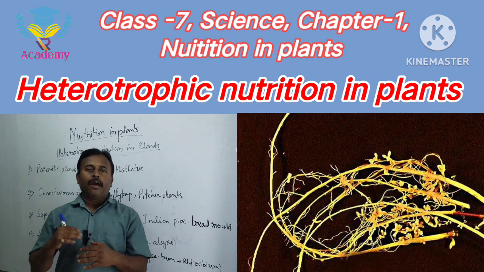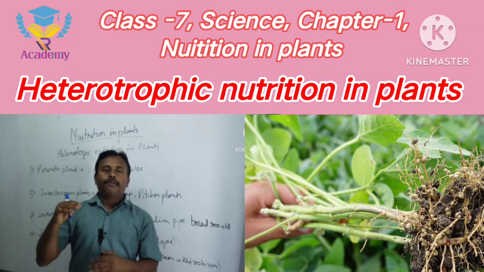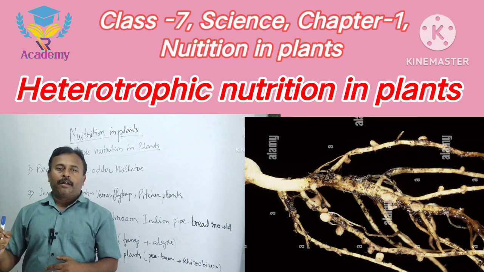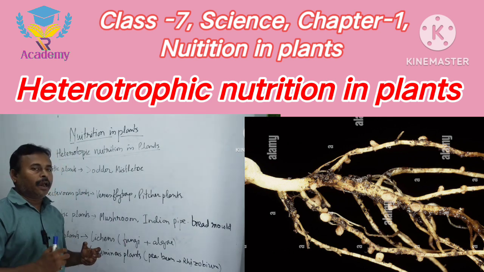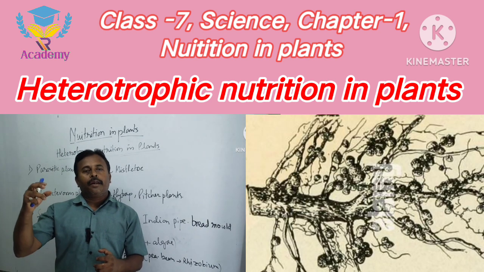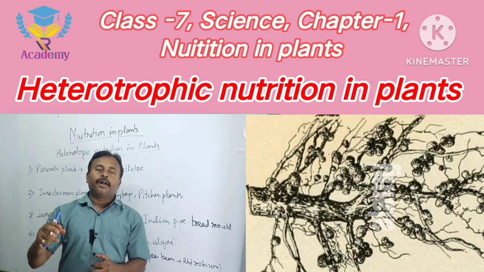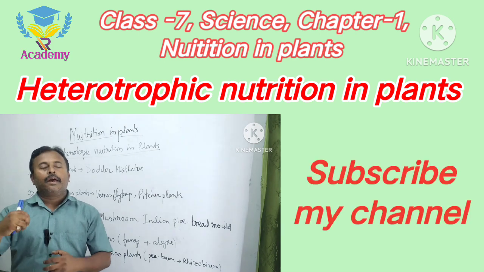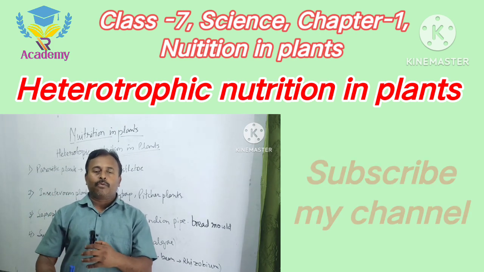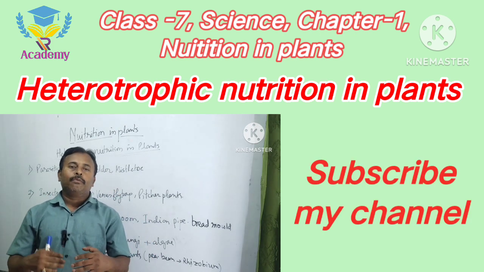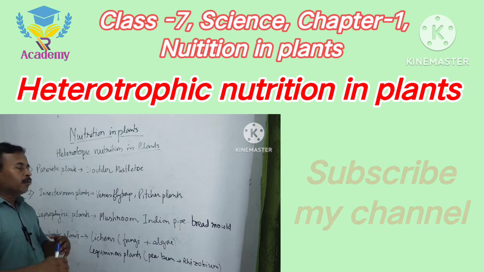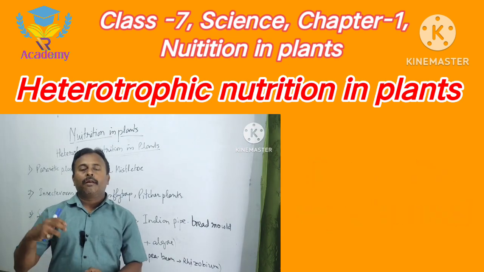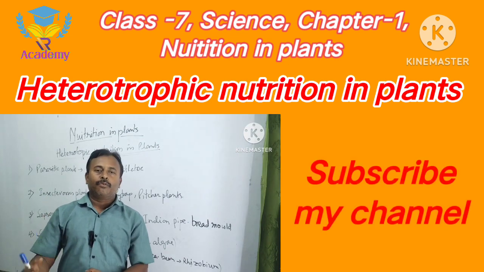This rhizobium has a special ability that it can absorb the nitrogen from the air, which cannot be directly absorbed by the plants, and convert it into an absorbable form, that is, convert it into a compound. That compound mixed with water is absorbed by the pea and bean for their completion of nutrition.